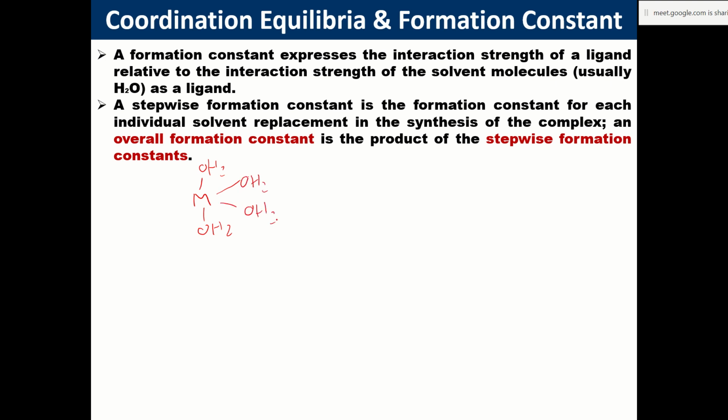So this is how you have to visualize the complex. So this is the situation, and now when you have the X minus ion, this will replace one of these.